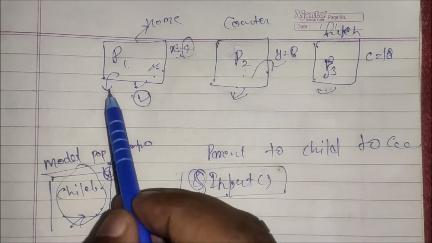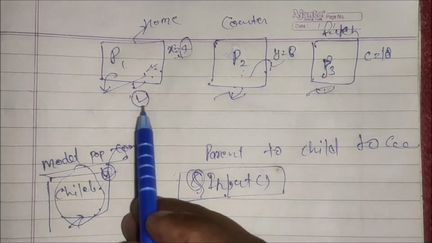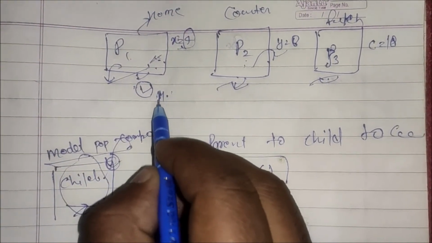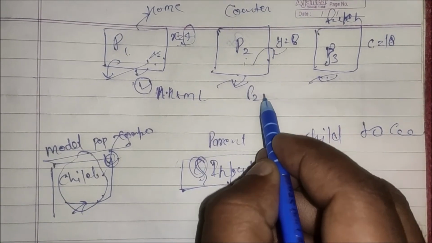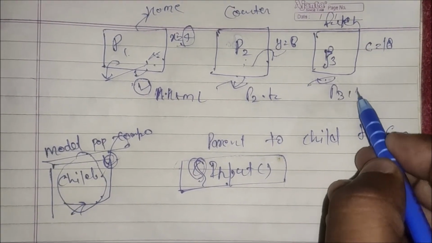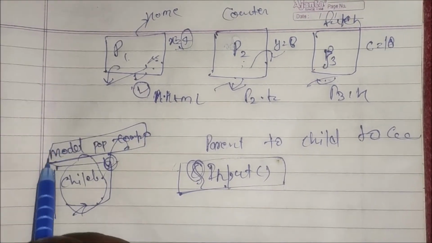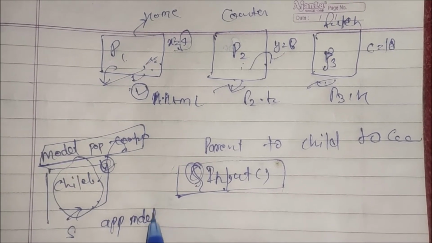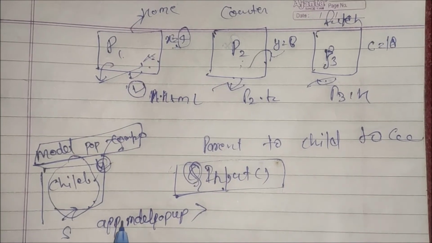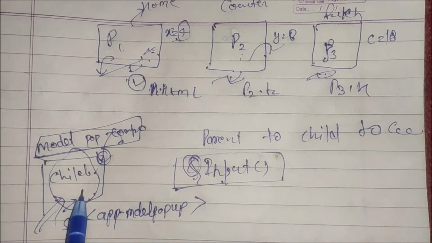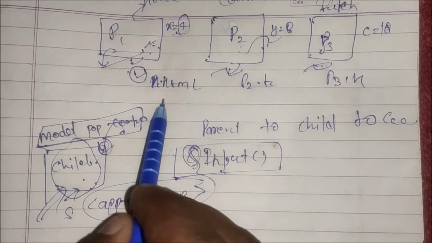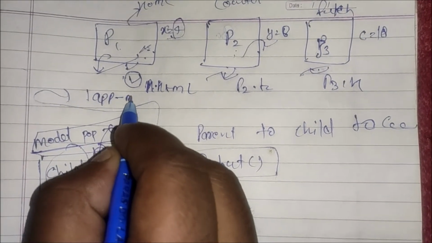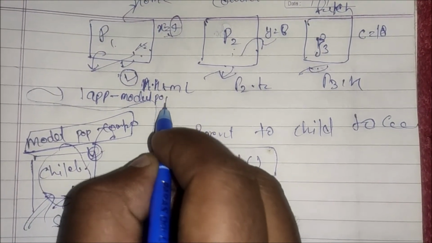Just for example, the p1, p2 and p3 components each have their own HTML, like p1.html, p2.html and p3.html. And this model pop-up component has a selector value, app-model-pop-up. This is the selector value of this child component, and basically I use this selector value in each HTML page like that.